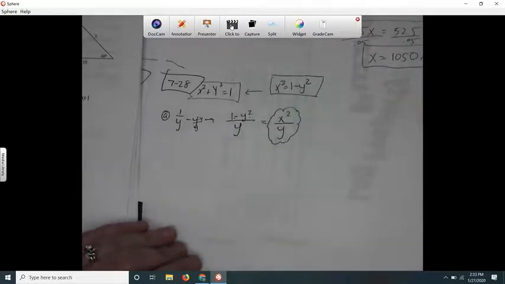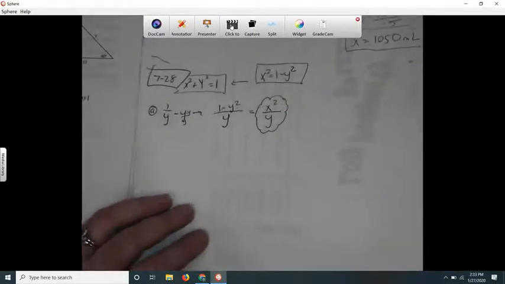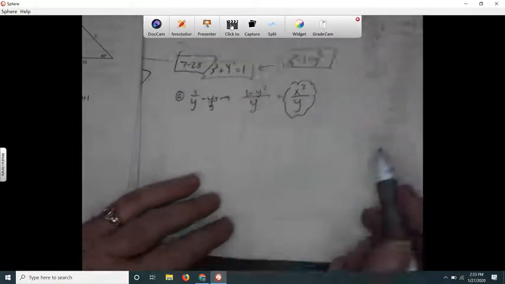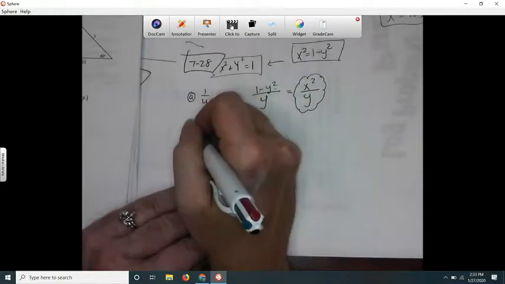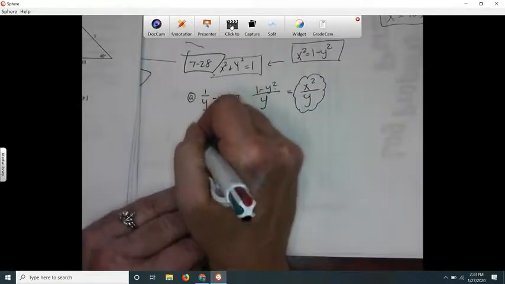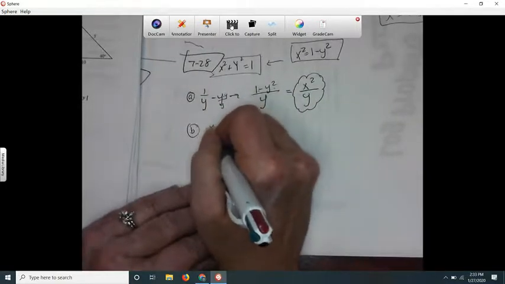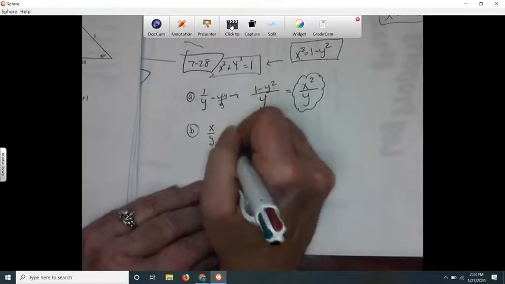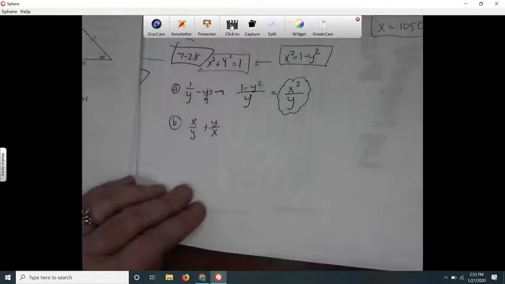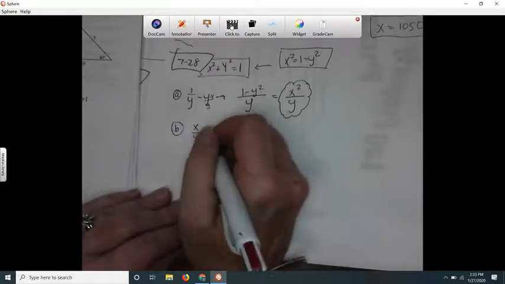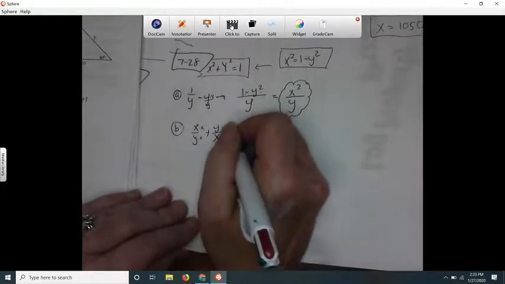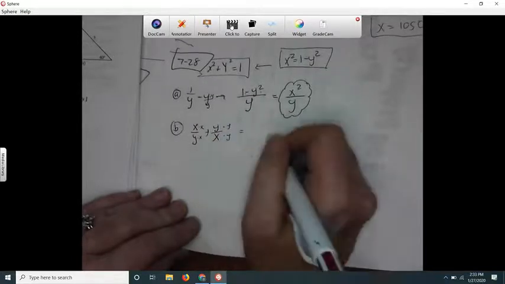That's the simplified. Usually if they say simplify and it's two fractions getting added together, they want you to get the common denominator and make them into one fraction. So this one is x over y plus y over x. I'm going to multiply this one by x over x, and multiply this by y over y to get the common denominator.